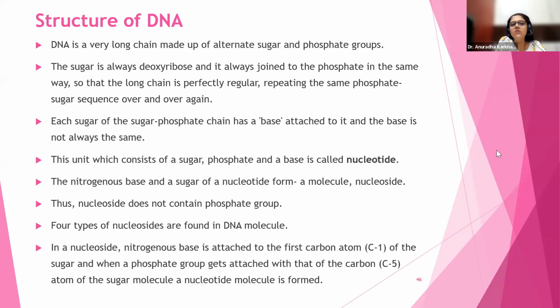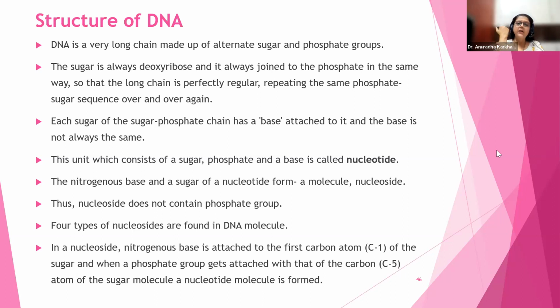So the sugar is always deoxyribose, and it is always joined to the phosphate in the same way, so that the long chain is perfectly regular, repeating the same phosphate sugar sequence over and over. इसका मतलब क्या होता है बेटा कि ये जो पेंटोज शुगर होता है, we have seen already in carbohydrates what is ribose sugar and deoxyribose sugar.